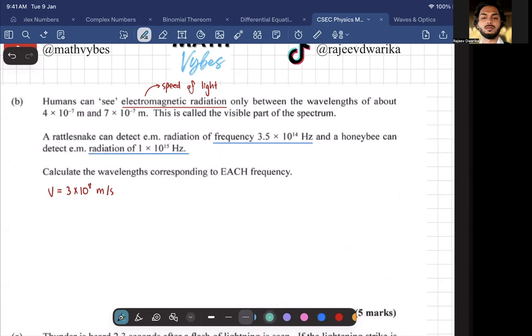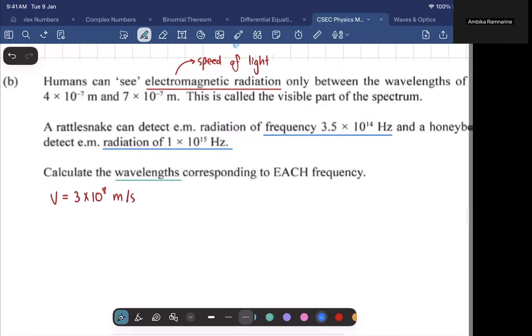And what do they want us to calculate? The wavelength. They want us to find wavelength. Guys, is there any formula that comes to mind here? You see frequency, you see wavelength, you see velocity. V is equal to f lambda. Perfect.